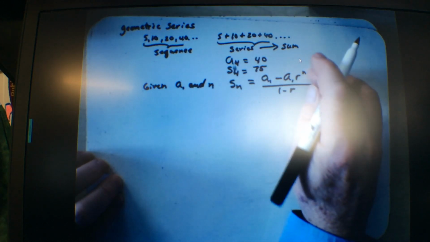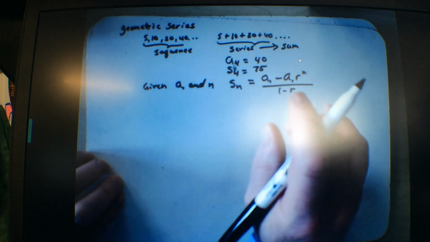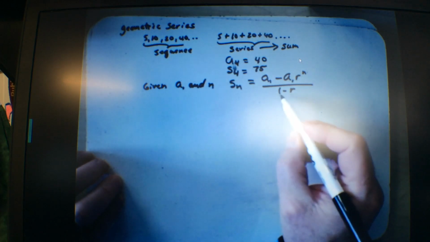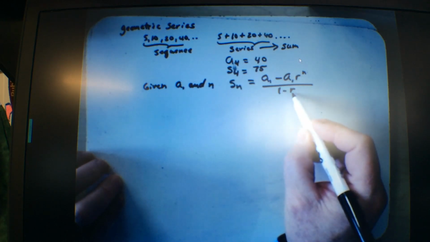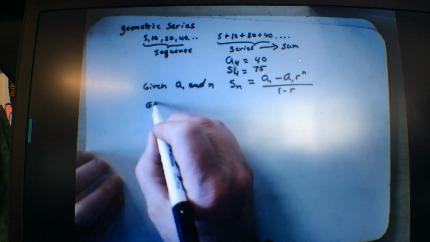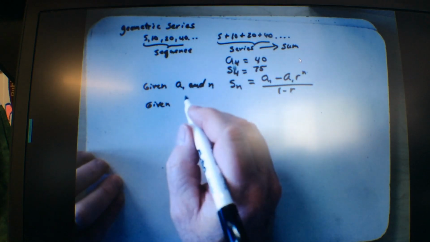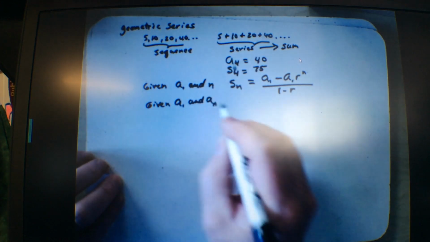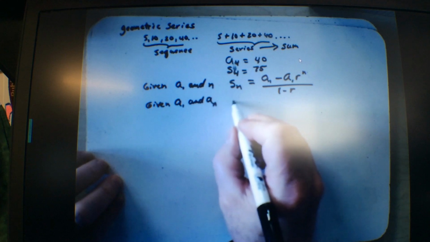Nope, I lied. It's just r to the n power. The next one. Okay? Guys, in the denominator, r cannot be 1, otherwise you get a 0 in the denominator. It's undefined. Okay? So then, given also a sub 1 and a sub n, that means we're given the nth term, you have a different formula.